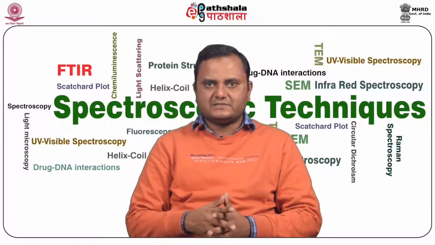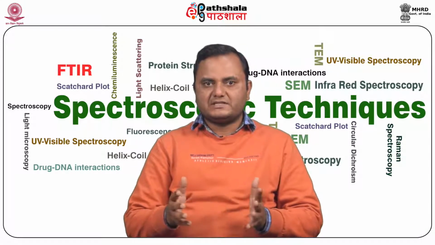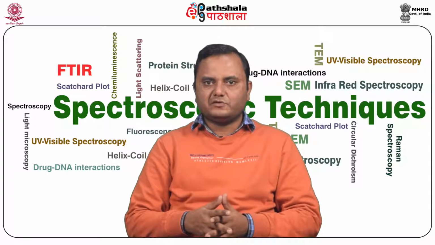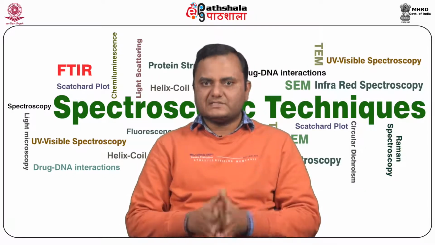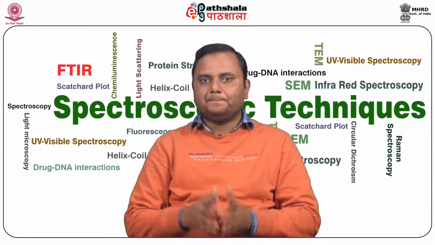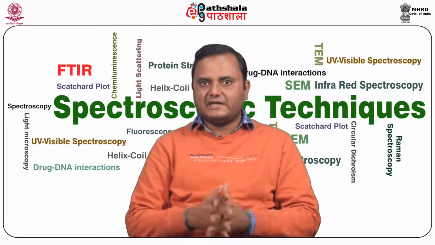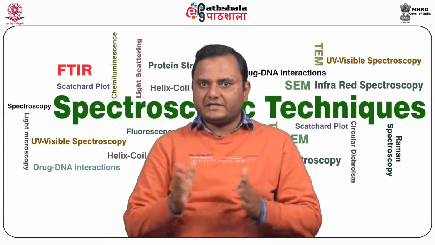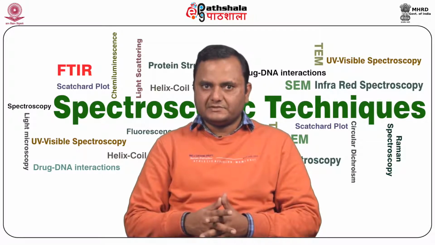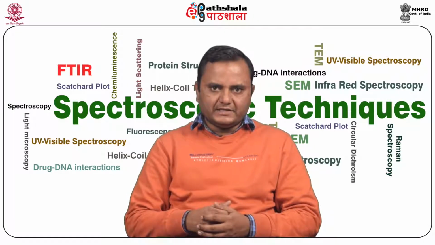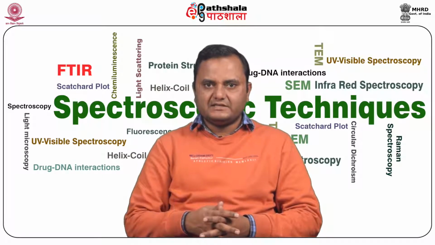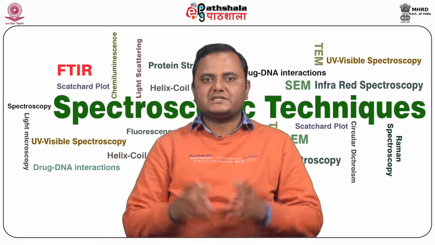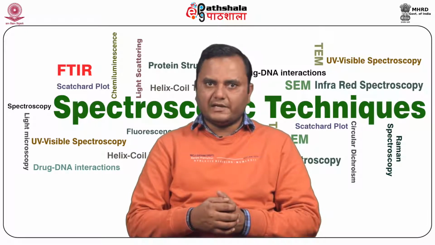A CD spectrometer is a specialized variant of the absorbance spectrophotometer which measures the difference in absorbance between left and right circularly polarized light. It is measured as a quantity called mean residual ellipticity, which is an indication of the structural content of any biomolecules.